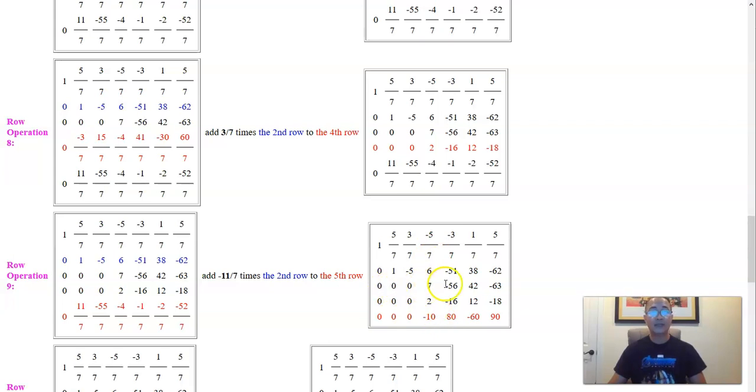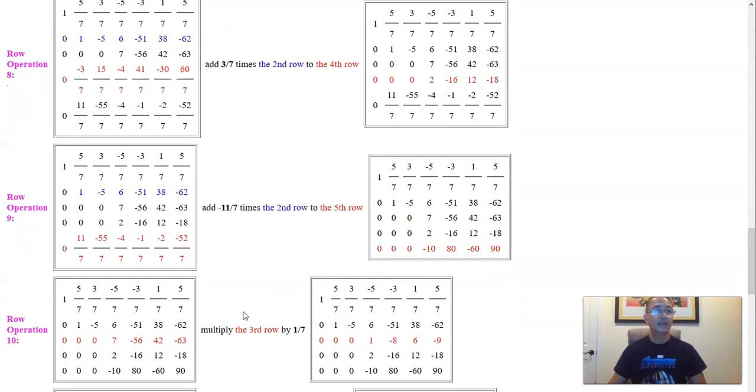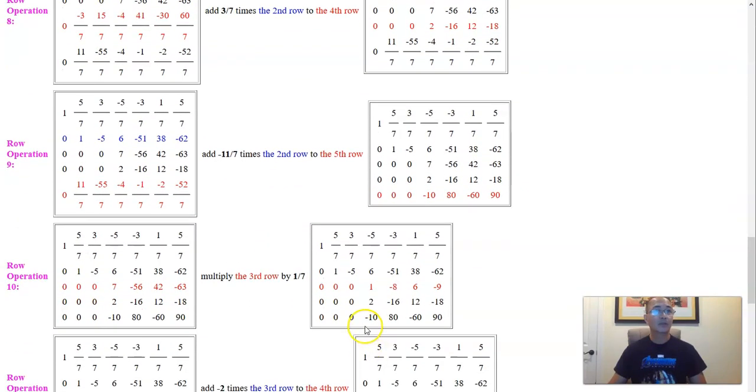So we will divide the third row by 7. But luckily, all of those numbers, I believe, are divisible by 7. Yes. So we get all integers. 1, -8, 6, and -9.